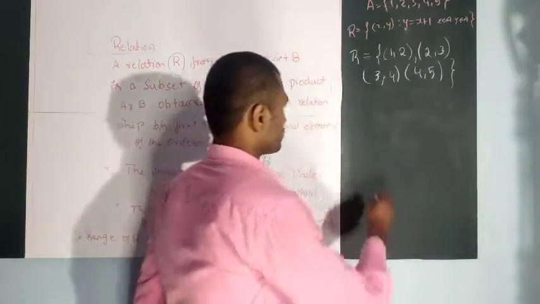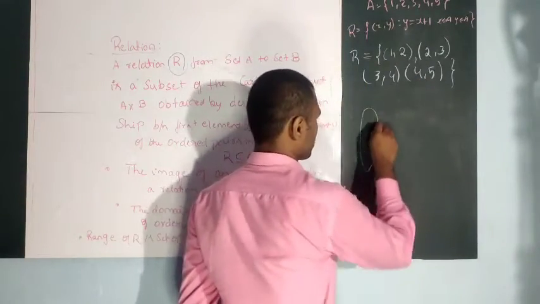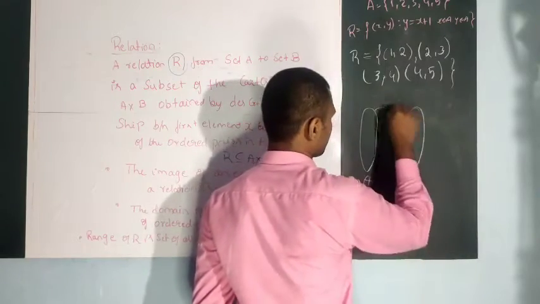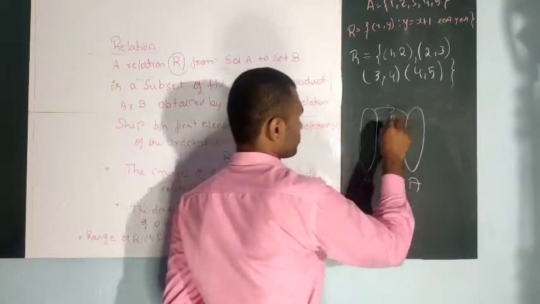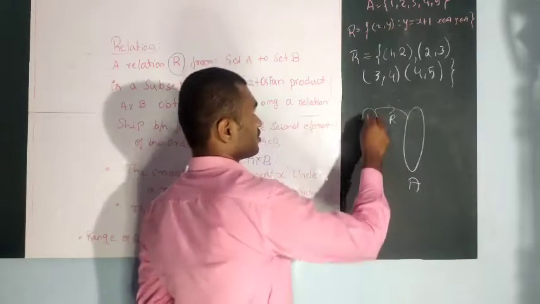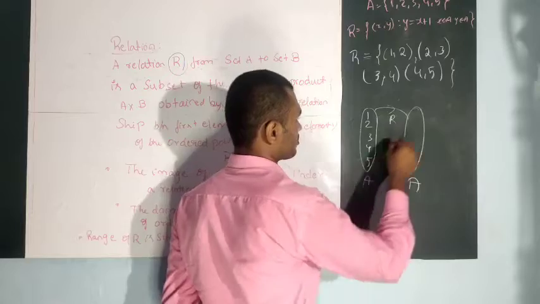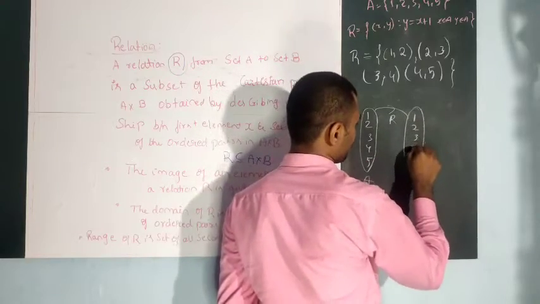Here the set A is denoted like this. This is set A and this is also set A. The relation is denoted by R. 1, 2, 3, 4, 5 and 1, 2, 3, 4, 5.